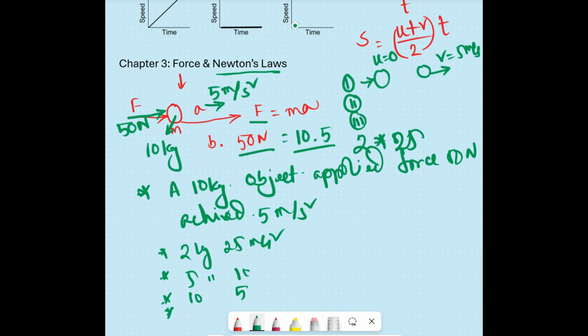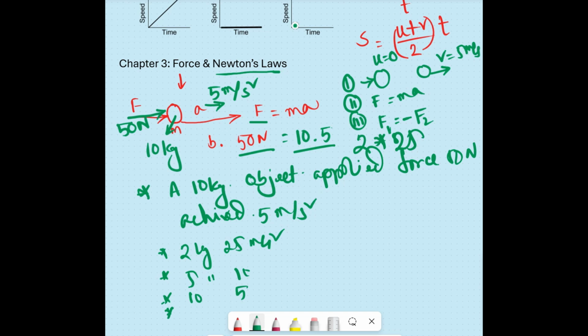And the second law is saying the force is equal to m into a. In some other way, we can say the force is equal to how hard you push times how heavy it is, right? Third law: every single force will have an opposite but equal force.